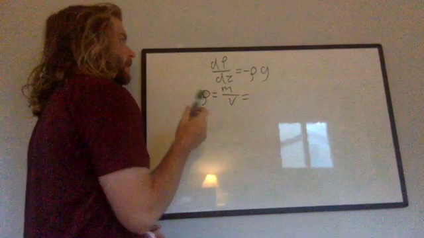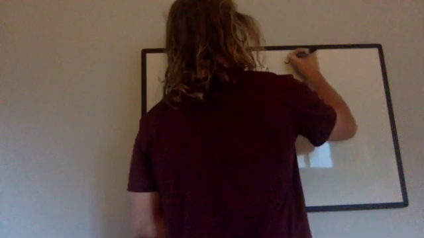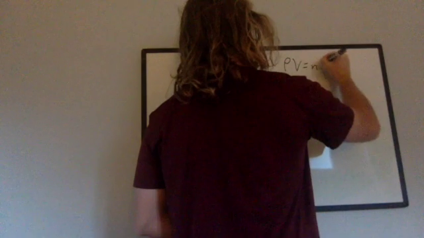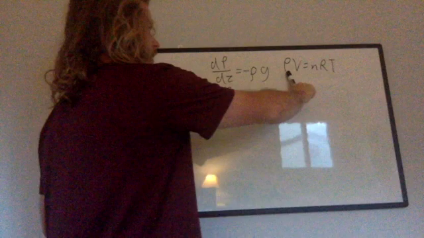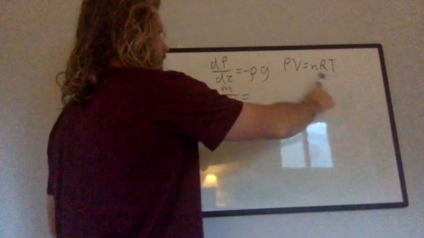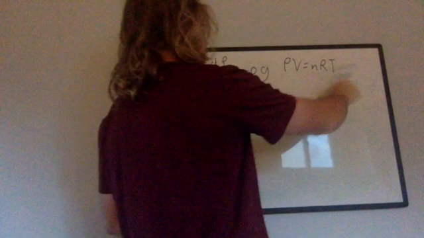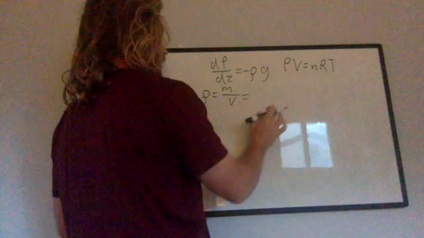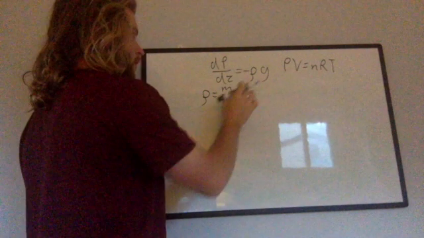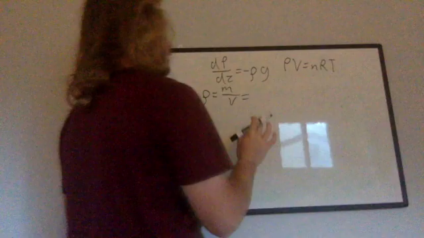Using the ideal gas law, we know that PV is equal to nRT. So we can divide both sides by P and get V equals nRT over P. Then we flip that around, since this V is going to be in the denominator right here.